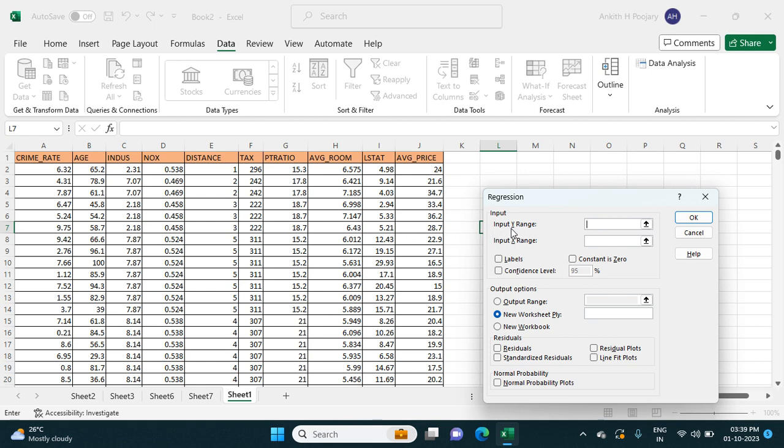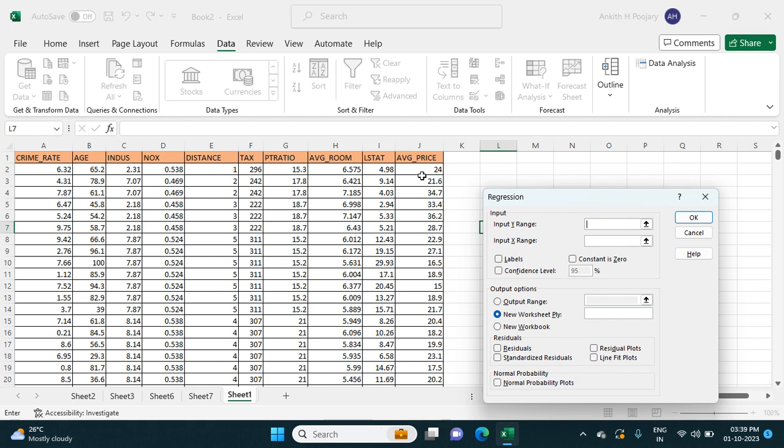I will explain. The y is the dependent variable, which is the one we are predicting. All the other data is independent. Average price is dependent because average price is influenced by all the other data.